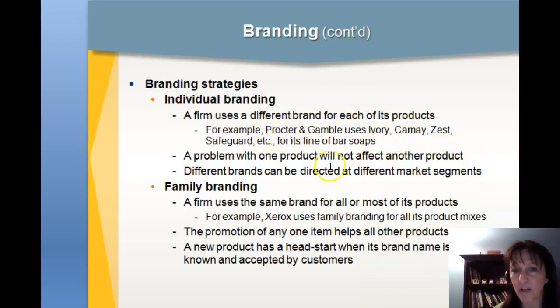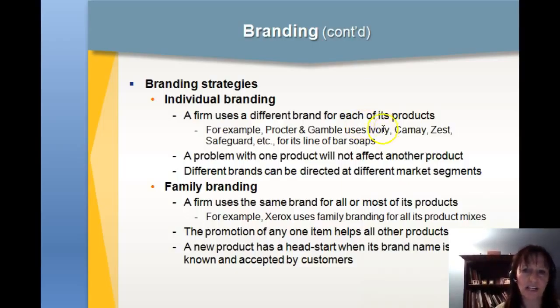So one advantage of having different lines of soap, because let's face it, none of those products do anything remarkably different than any other. Camay and Zest both do the same thing. They clean your body and they make you smell nice. But if there's a problem with one brand, it tends not to affect the others.